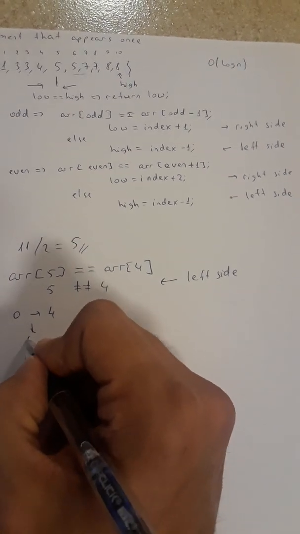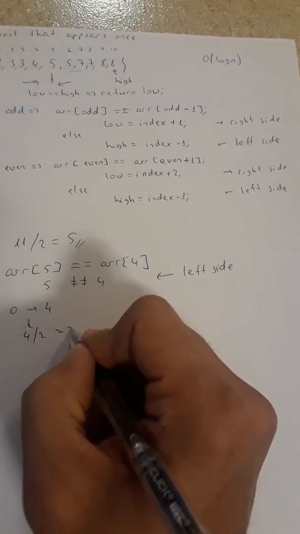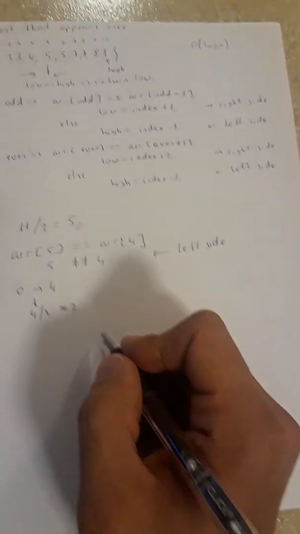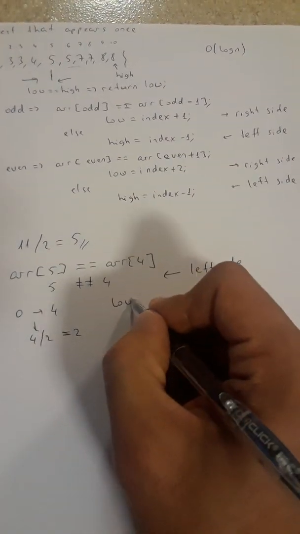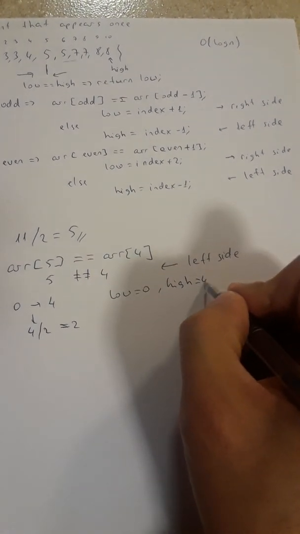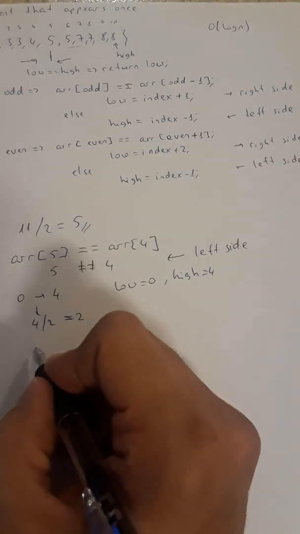So in that case it will be 4 divided by 2, it will make 2. Our pointers will be low 0 and high 4.